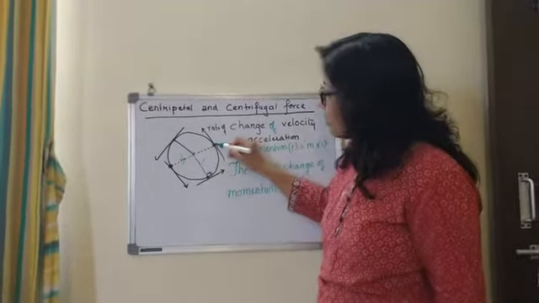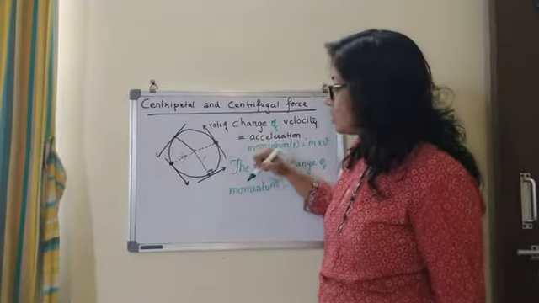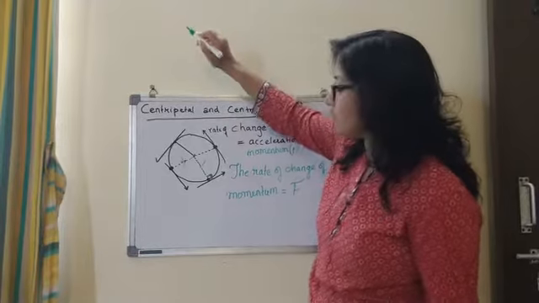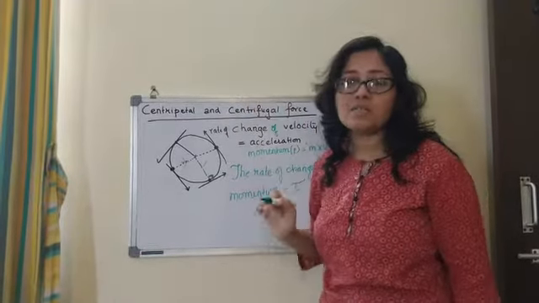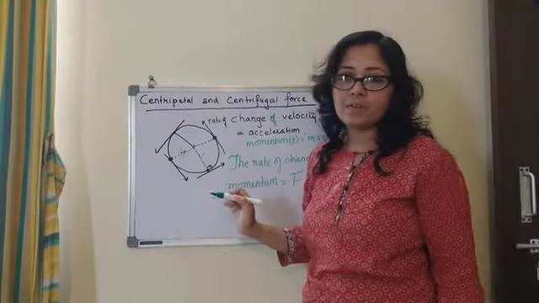Alright, same over here. If the stone comes to this position and I let it go, it will move in this direction. In all the cases, we find that the direction is continuously changing.